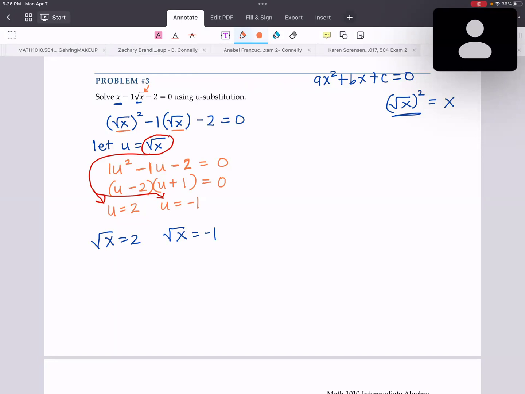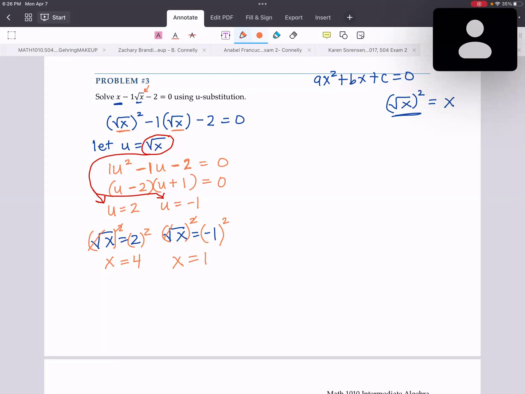To undo a square root, we square both sides. So that square root and square undo each other, so I'm left with x equals 4. And then here, when I square both sides, I end up with x equals 1.